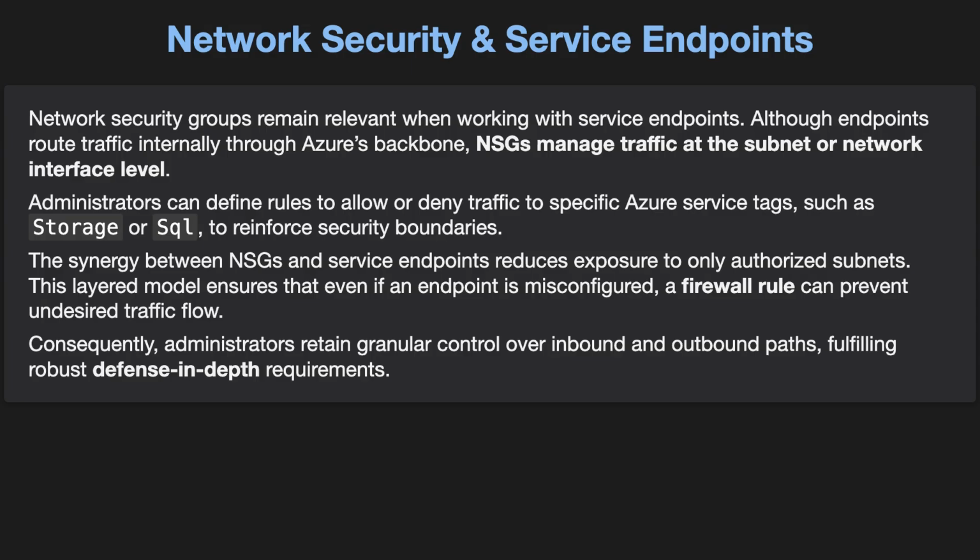The synergy between NSGs and service endpoints reduces exposure to only authorized subnets. This layered model ensures that even if an endpoint is misconfigured, a firewall rule can prevent undesired traffic flow. Consequently, administrators retain granular control over inbound and outbound paths, fulfilling robust defense-in-depth requirements.